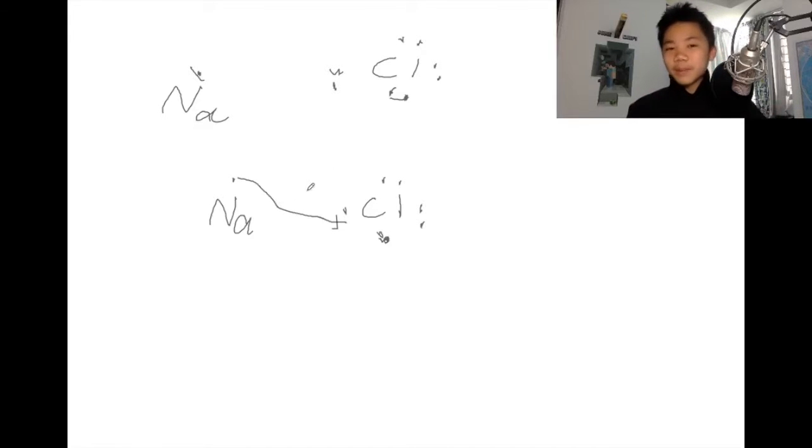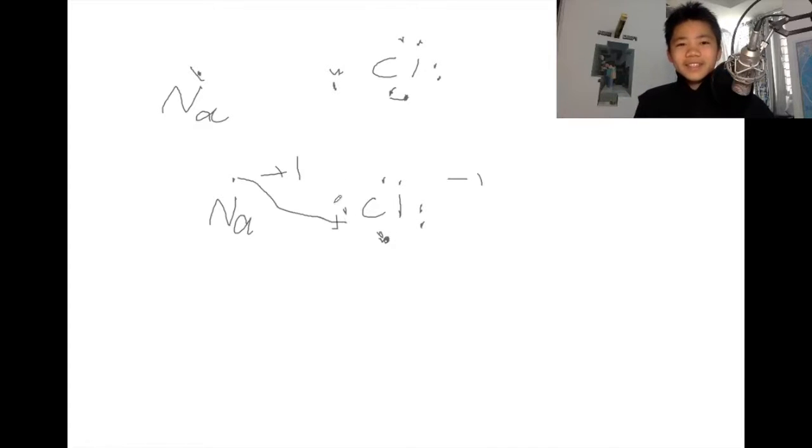They will both be stable. Since sodium lost 1 electron, it's going to form a charge of positive 1. And chlorine, since it gained 1 electron, is going to form a charge of negative 1. This is why they bond: one atom donates an electron to another one, so they sort of fuse together and bond.